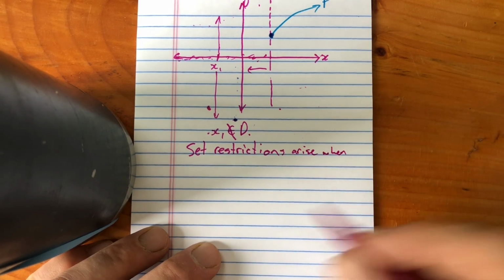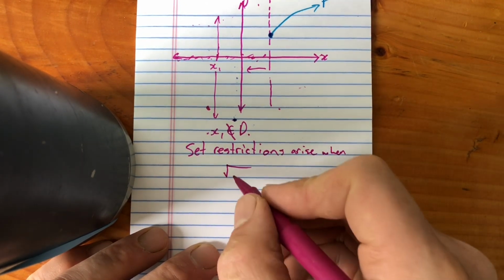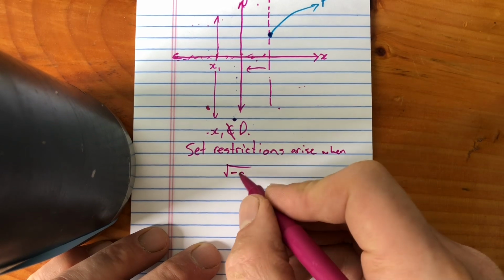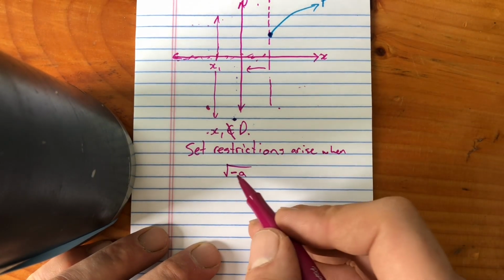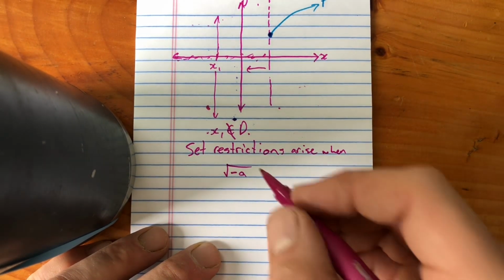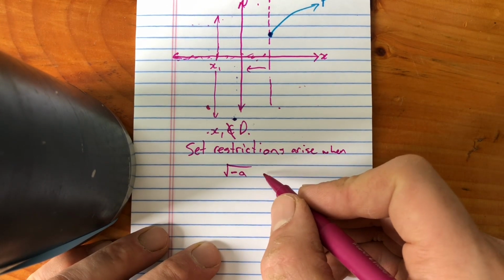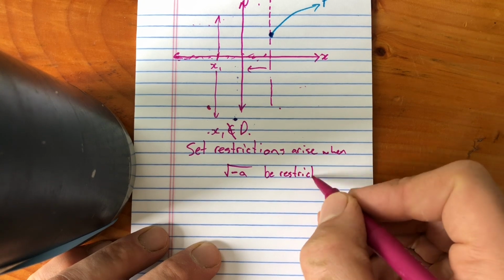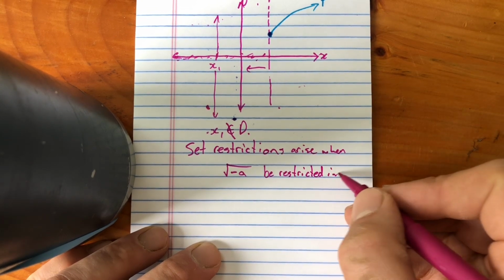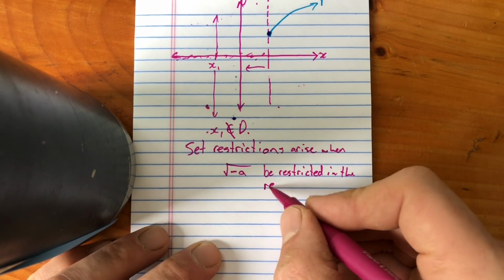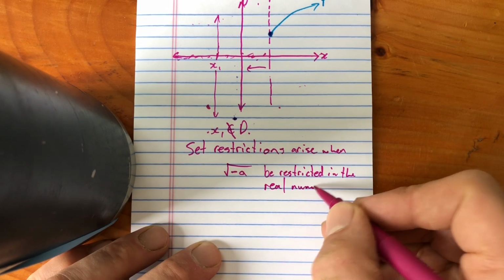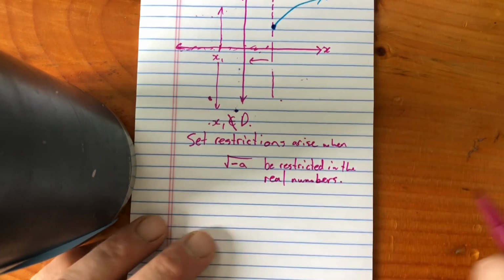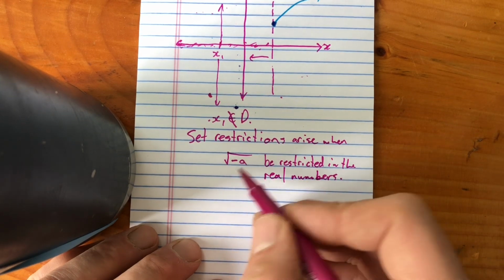when you're taking the square root of a negative number. If you're taking the square root of a negative number, well, that's not possible. This is going to be restricted in the reals, because we need the expression underneath to be positive.